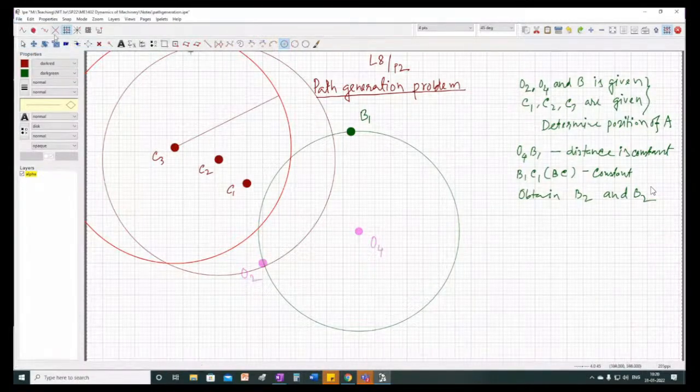It is time to now place points on these intersection points. Here I draw a circle.